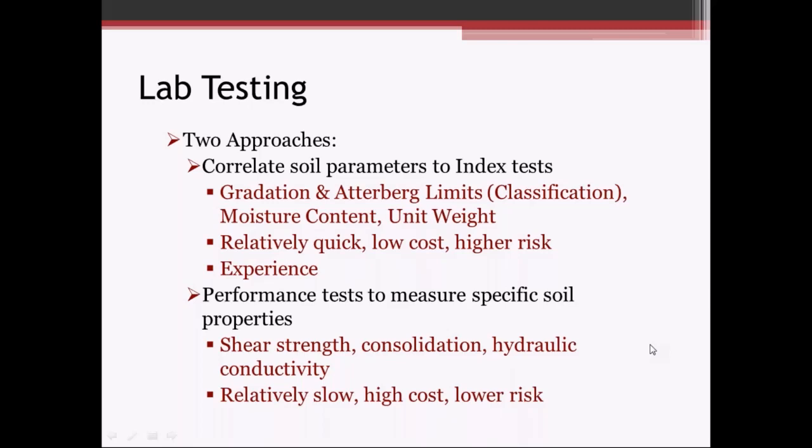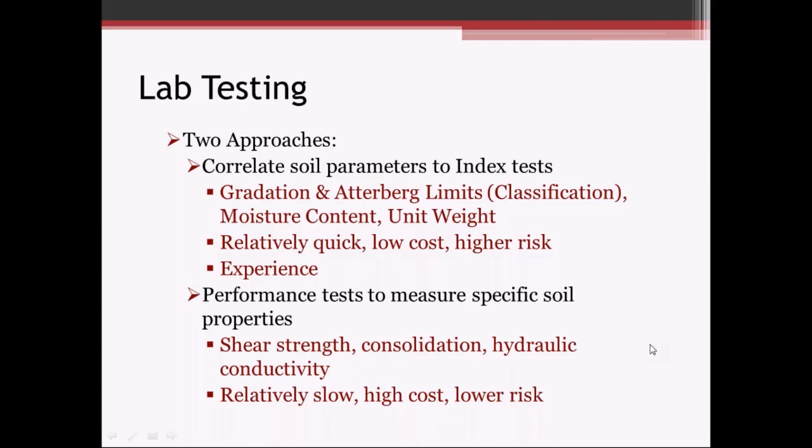Typically, there are two approaches depending on the complexity and risk associated with the project. The first is to correlate soil parameters to index tests, which typically consist of gradation, sometimes called the particle size analysis, and Atterberg limits, utilized to classify the soil, as well as moisture content and unit weight.